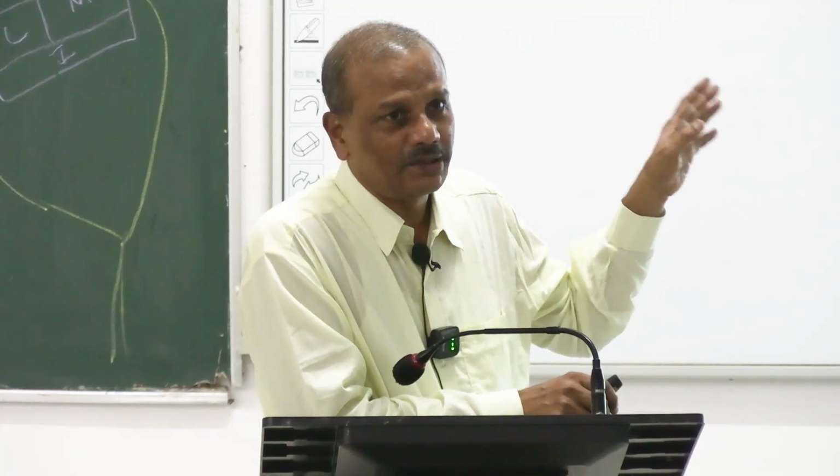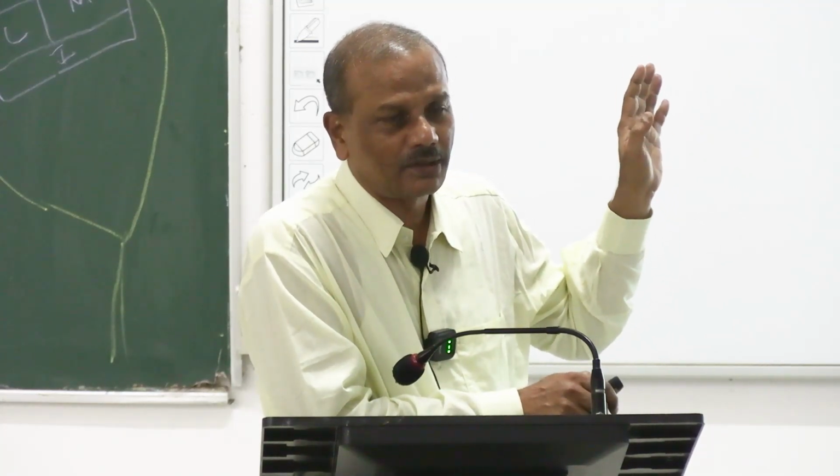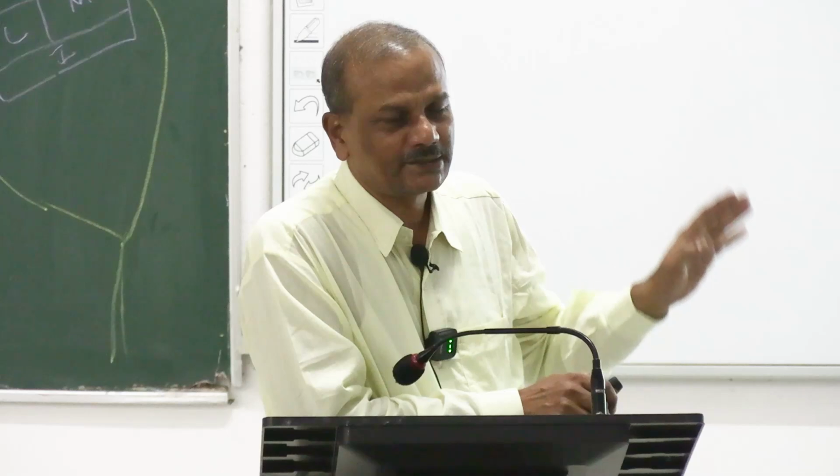So these are the basic mechanisms. This is the heart of today's class. We are almost at the end. Remember these 5 points at any cost: base excision repair, nucleotide excision repair, mismatch repair, homologous recombination, and non-homologous end joining.